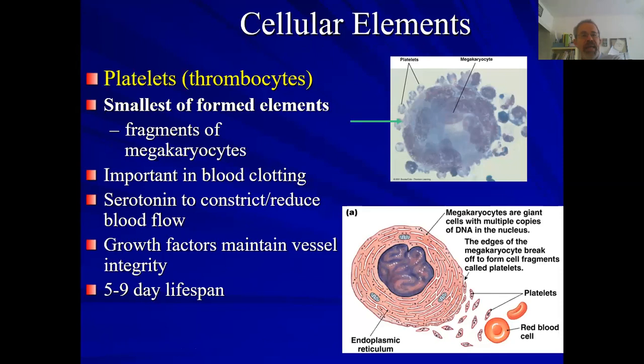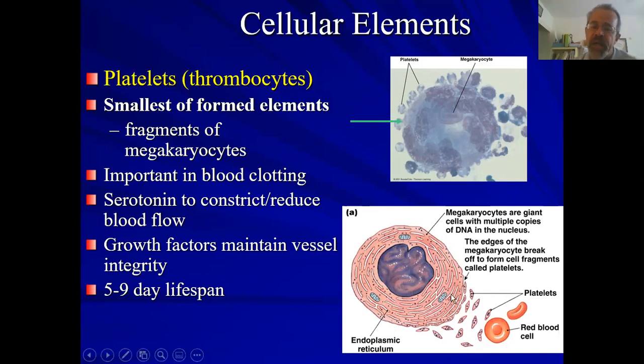What about platelets? So platelets are very interesting, kind of one of my favorite, if I had to pick one, of all the different cellular elements. They're also known as thrombocytes. They're the smallest, and they're actually a cell fragment. So you wonder, why are we talking about a cell fragment? Is it doing anything? Well, in fact, it's a fragment of a much larger cell called a megakaryocyte.